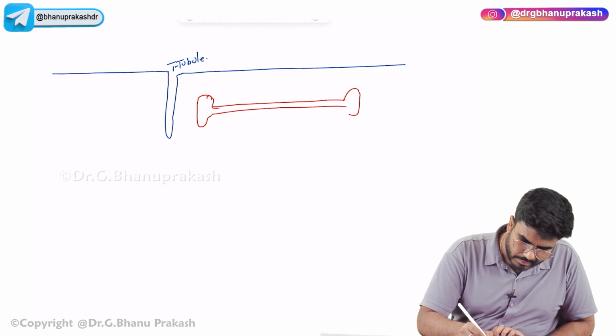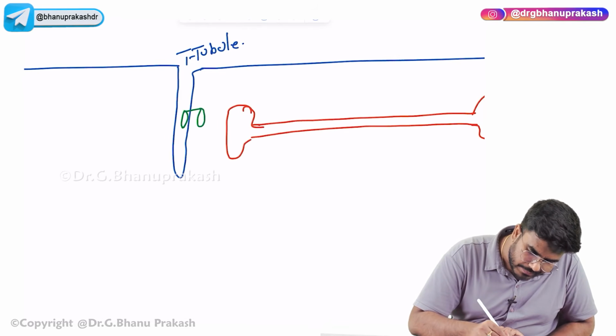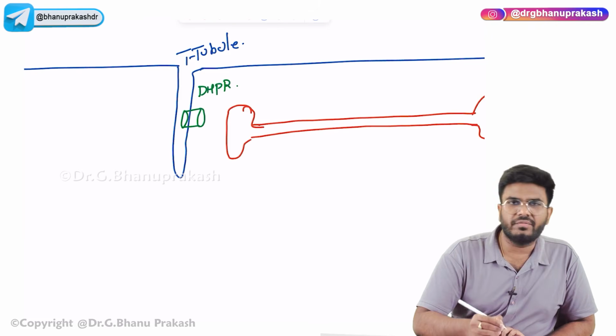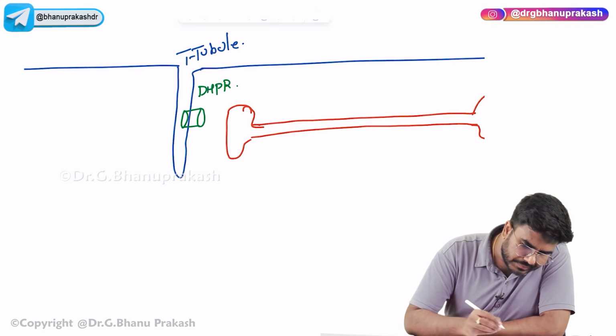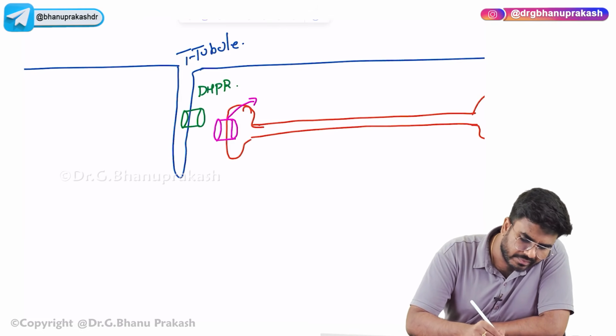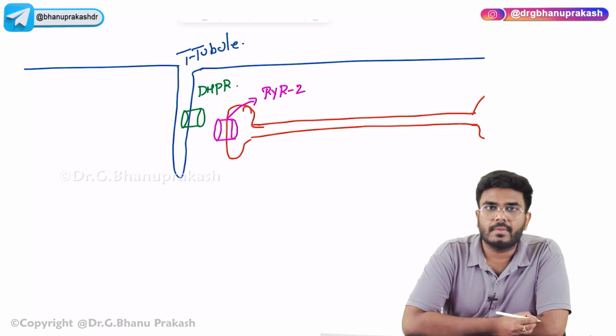On the T tubule, which channel is present? The DHPR channel, of a different subvariety. Here the RYR type 2 channel is present. Subvarieties I am not concerned with.